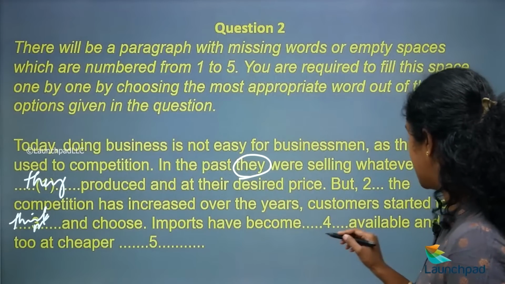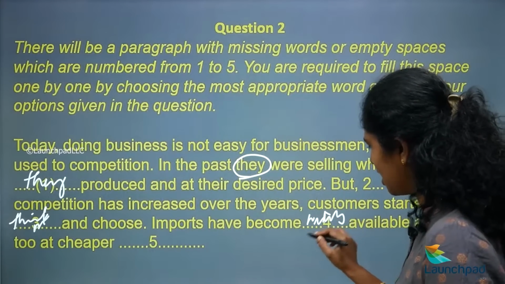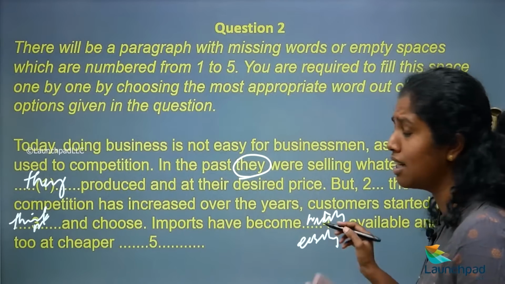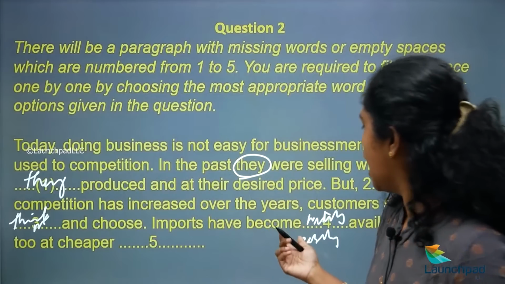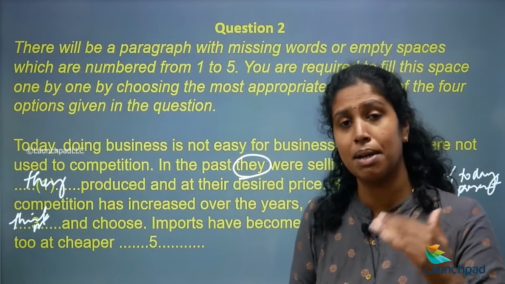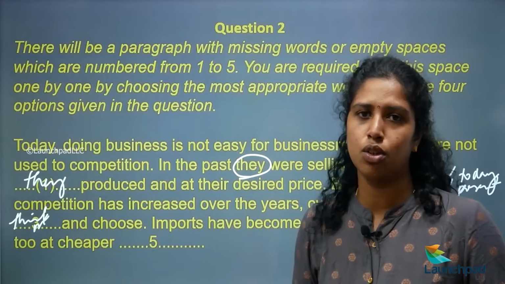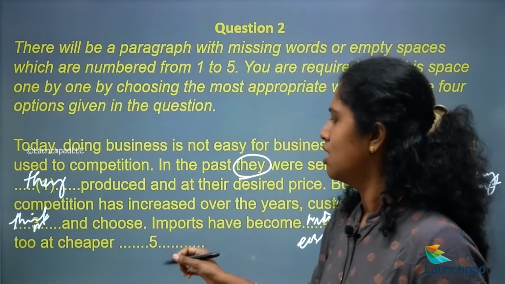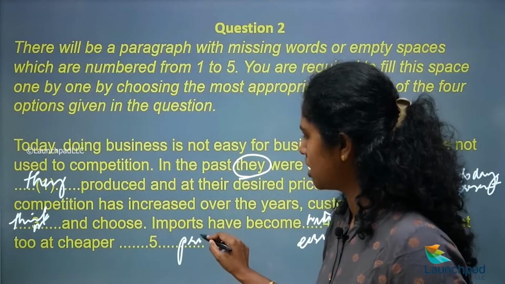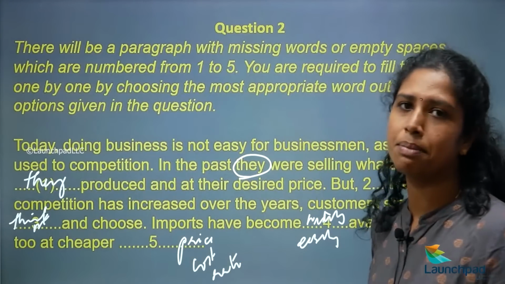Imports have become dash available widely, yes, or easily available, yes. These are the words that come to our mind. So immediately, when I am suggesting you these words, there might be a few other words that are coming to your mind also. So you can also take a note of it, yes. Available, and that too at a cheaper price or cheaper cost or cheaper rate, or it will be something like this only.